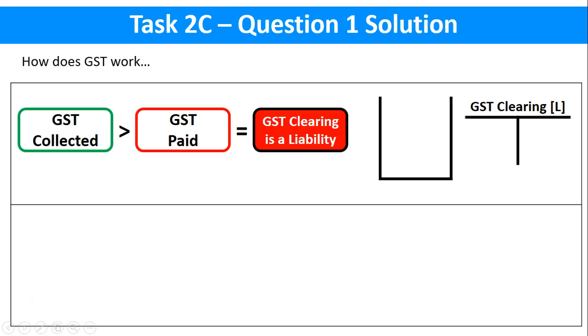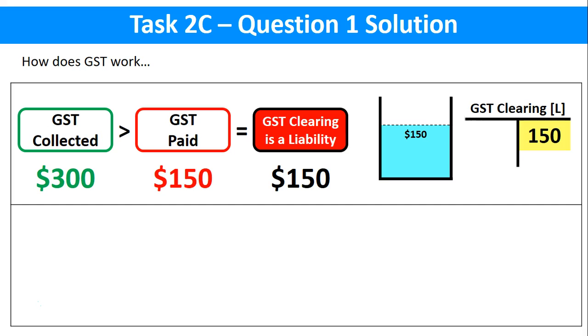As an example, let's say we collected $300 of GST, but we only paid $150. The GST clearing would be a liability of $150, so the pot would go up here, and it would be a credit in the ledger, which we call a GST liability.